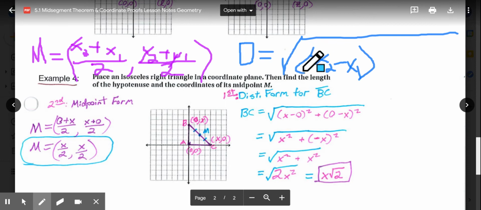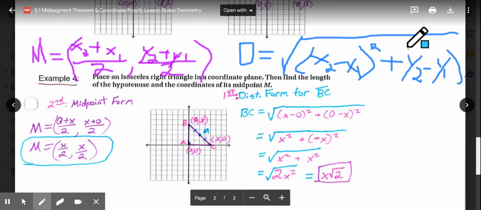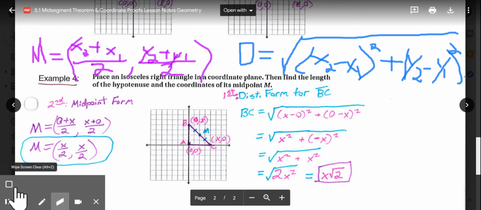And then it's plus y2 minus y1 in parentheses, and that whole thing is also squared. So just a refresher on midpoint formula and distance formula. We've used them a couple times already this year.